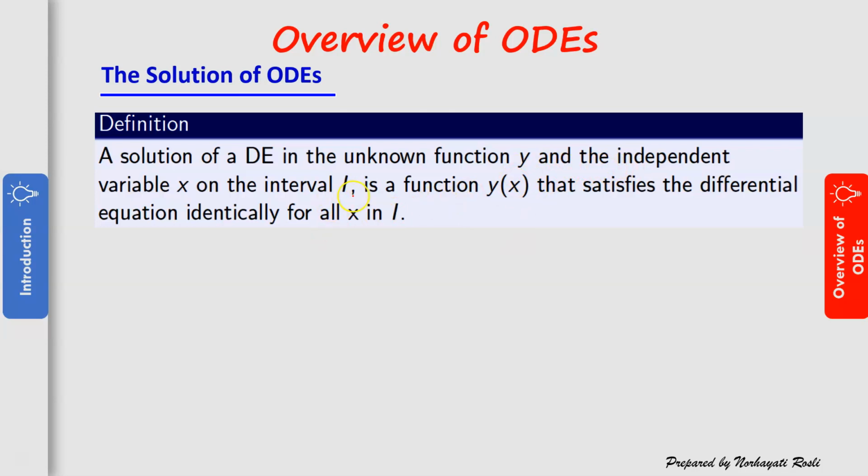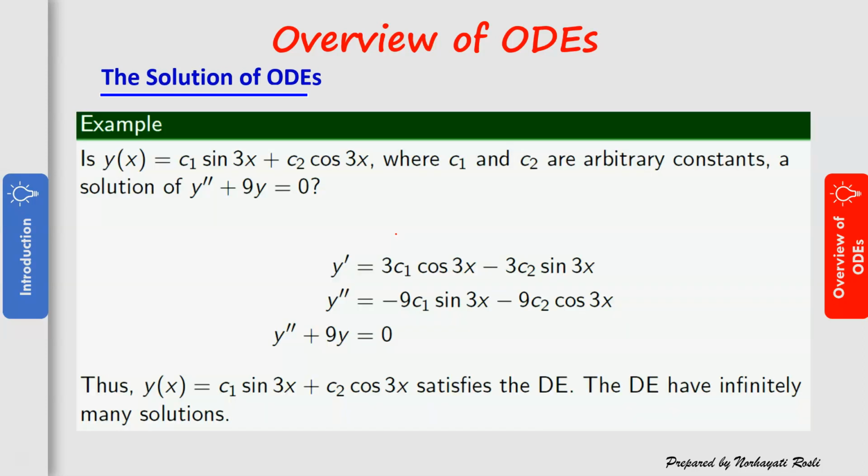on the interval I, in which this function y(x) satisfies the differential equation identically for all x in I. So to make sure you understand this definition, let's go to an example of this y.